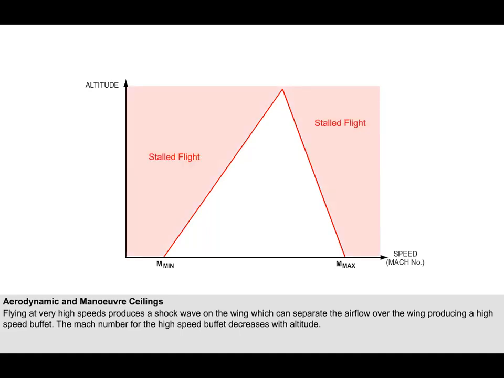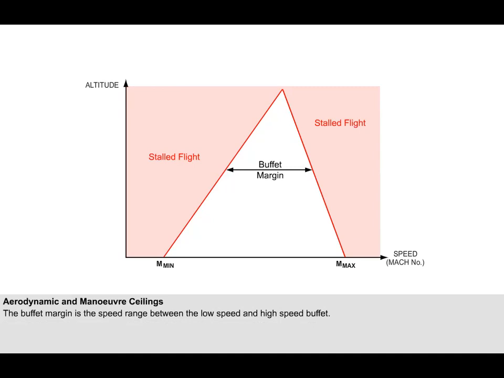Taking into consideration the Mach number for both low-speed and high-speed buffet, it means that there are two Mach numbers below and above which the aeroplane is unable to fly. This speed range between the Mach number for the low-speed buffet and high-speed buffet is called the buffet margin. The important point to understand is that the margin between the low-speed and high-speed buffet decreases with altitude.